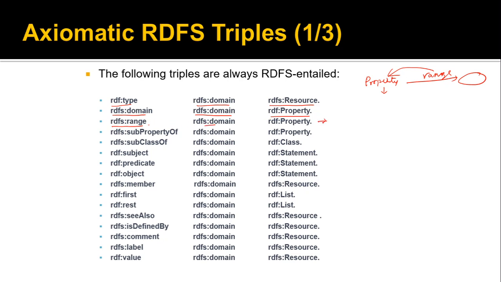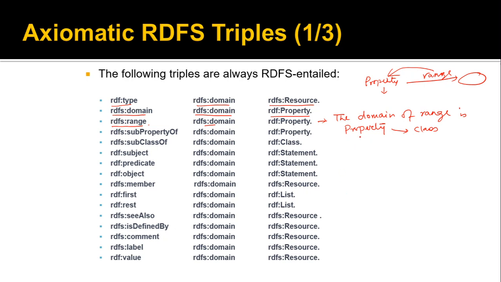Let me write it down. The domain of range is property. Now if I ask you what is property, property is basically a class. So you see, these are very simple things, but if you go deeper, the things may start getting confusing.